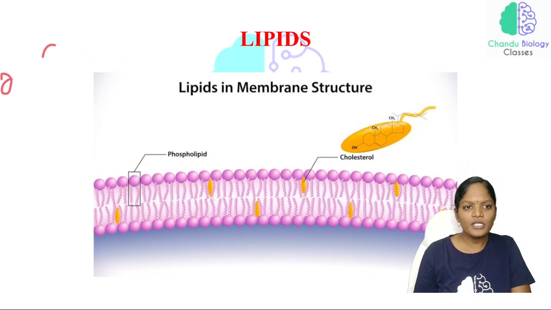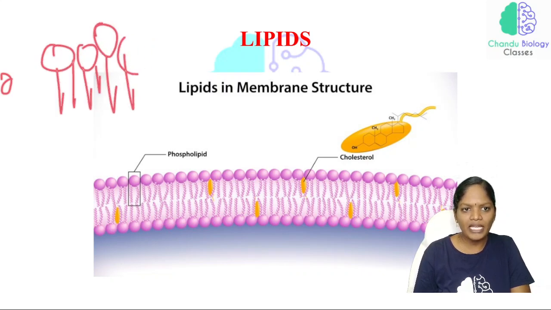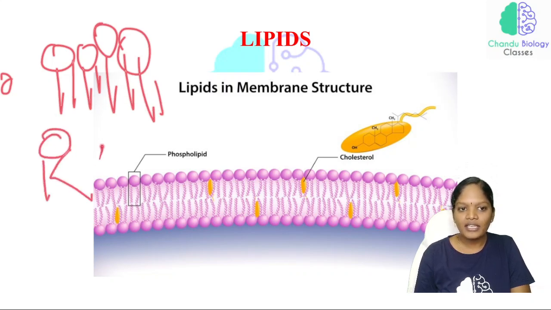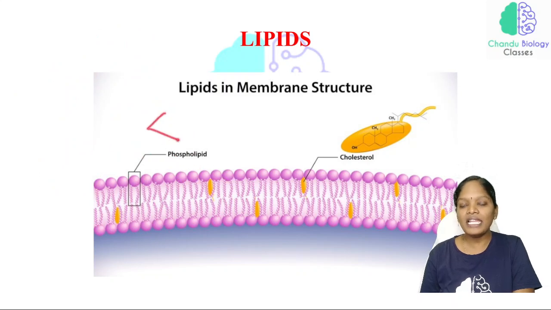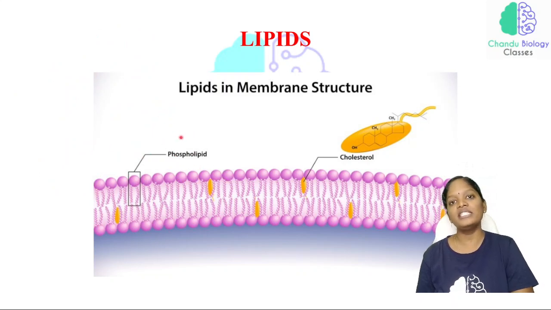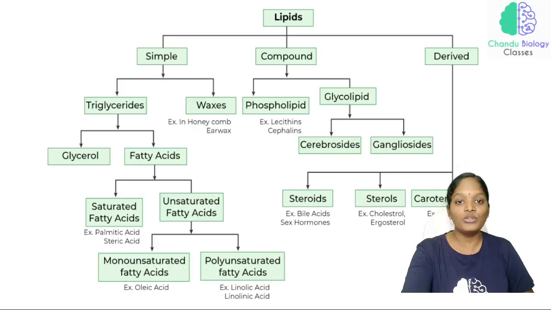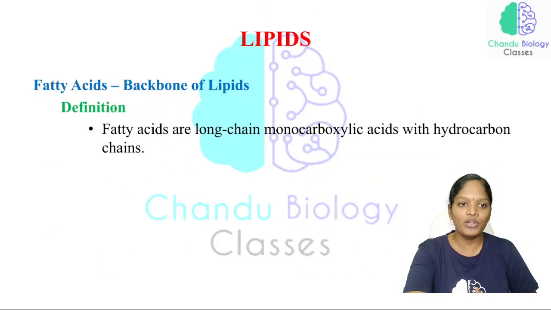Look at this picture. It will be very tight when it is straight like this, but with the kink there is some gap between one lipid and another lipid. So this kink-like structure of the unsaturated fatty acids makes the membrane more fluid. This is very, very important from an exam point of view.